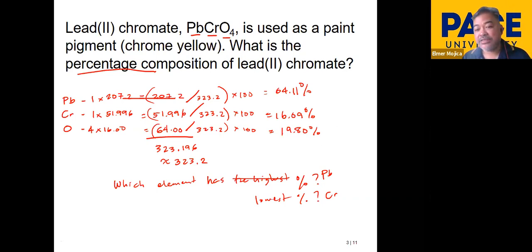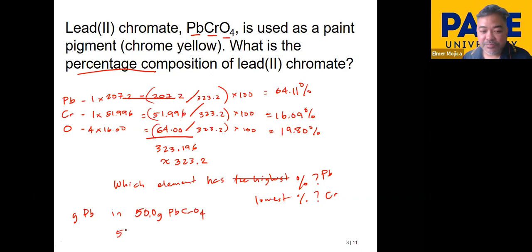Because you might be asked, how many grams of lead are there in 50 grams of lead chromate? What would be your answer there?